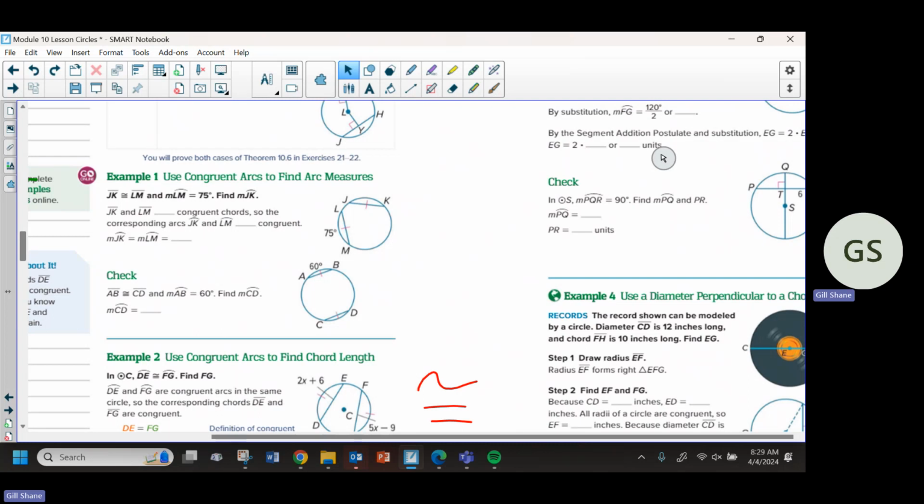Then the arcs are the same. That's it. And they tell you what one of the arcs is. You better be able to finish that problem.